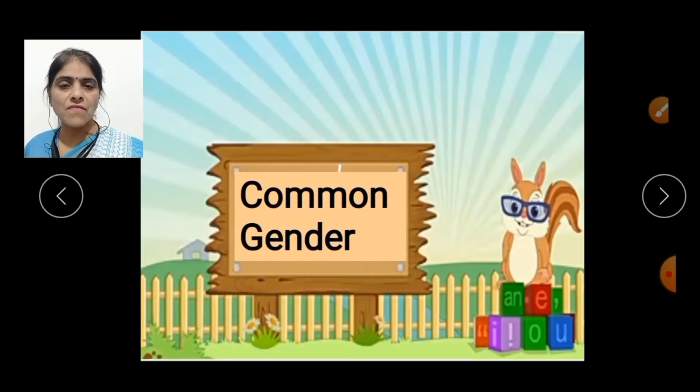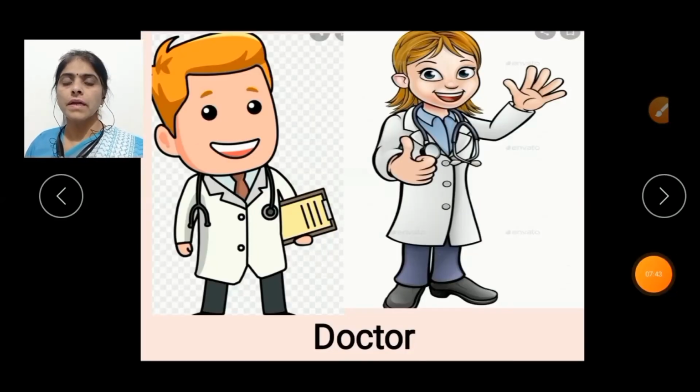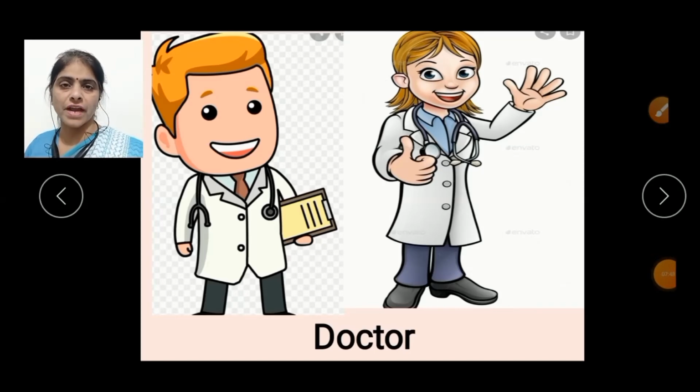Now let's have the definition of common gender. Here, nouns that refer to both males and females are called common gender. Now let's have some more examples. Here, doctor. Doctor refers to common gender as it is used for males as well as for females.